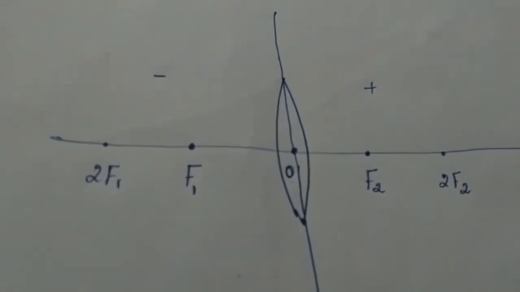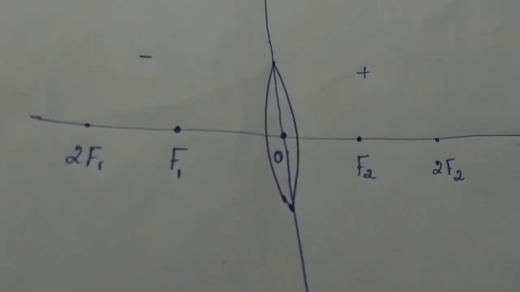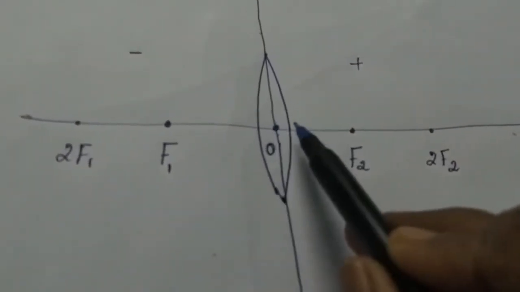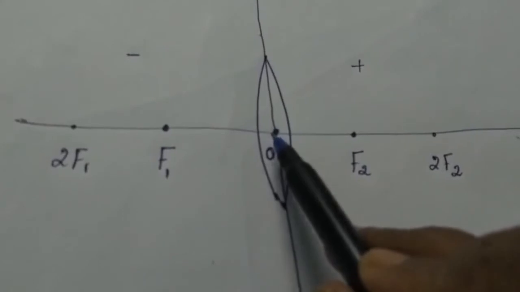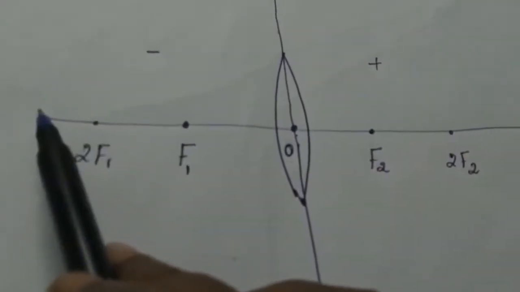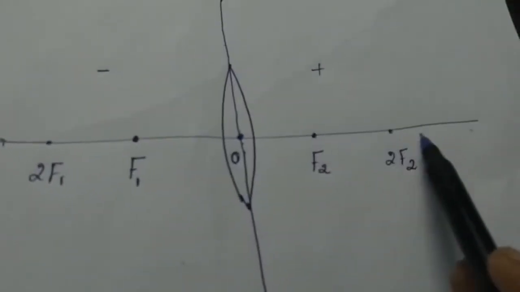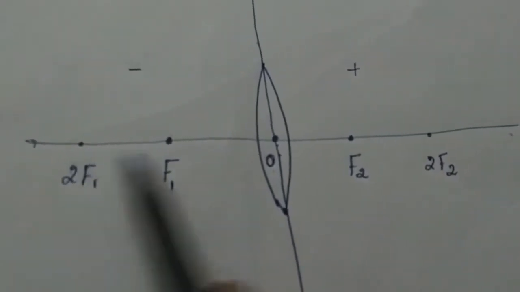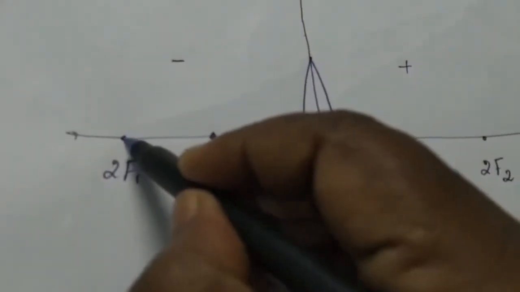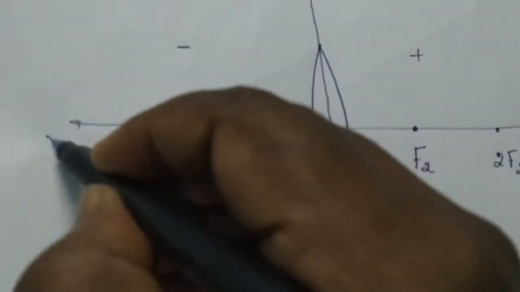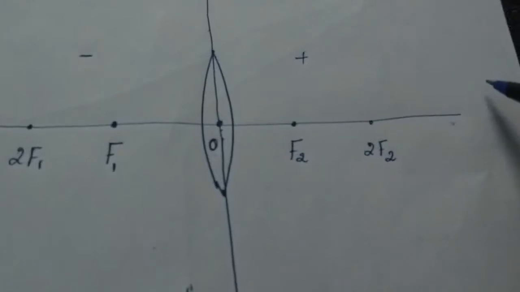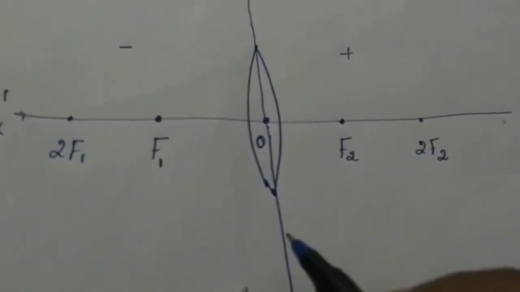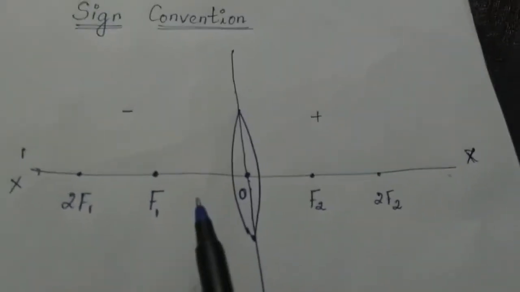According to the new Cartesian sign convention, the optical center O of the lens is taken as the origin, and the principal axis of the lens is taken as the x-axis, x dash x of the coordinate system.